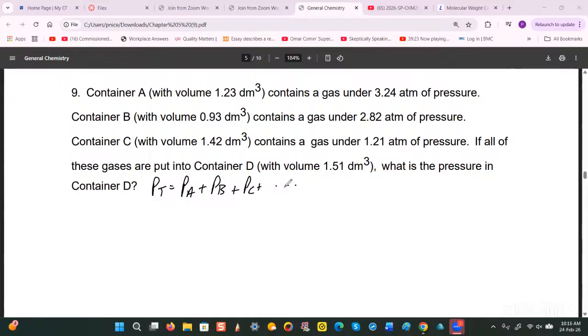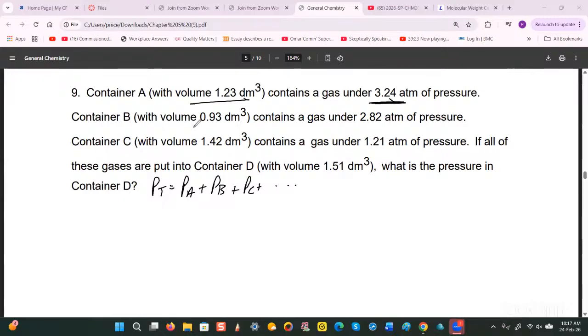Therefore, the total pressure of the gaseous mixture would be the simple sum of the pressures of all the gases in the mixture. Now, according to this question, we have one container which has a volume of 1.23 decimeters cubed, and the pressure of the gas in that container is 3.24 atmospheres.